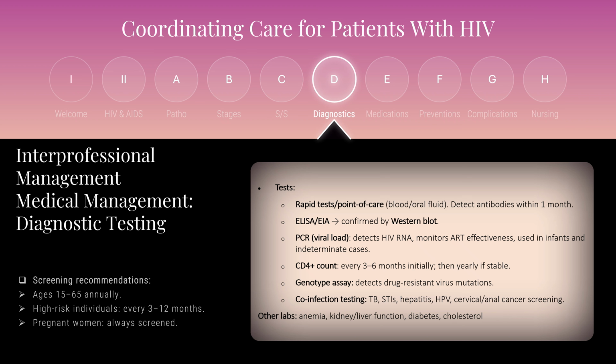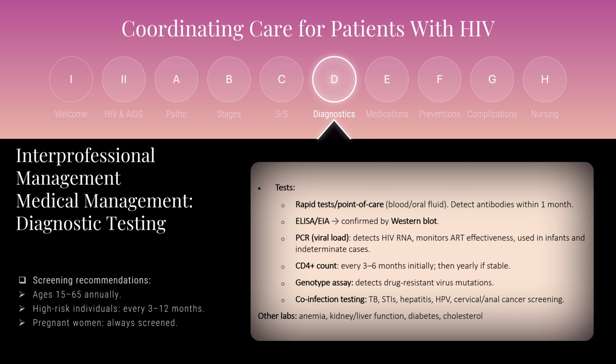Viral load monitoring measures the amount of HIV RNA in the blood, a key marker of ART effectiveness. The monitoring schedule is every 3 to 4 months for the first 2 years of ART, and every 6 months if the viral load has been suppressed for more than 2 years.